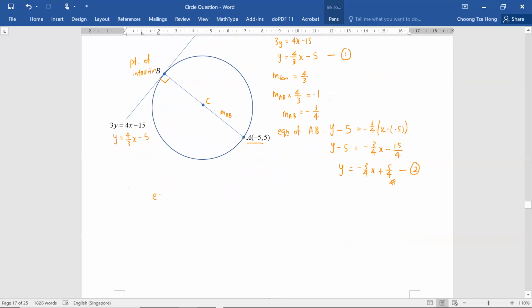So let's do our working here. Equate 1 and 2. So you will get 4 over 3x minus 5 equals negative 3 over 4x plus 5 over 4. So we're going to bring all the x terms to one side and all the numbers to the right side.